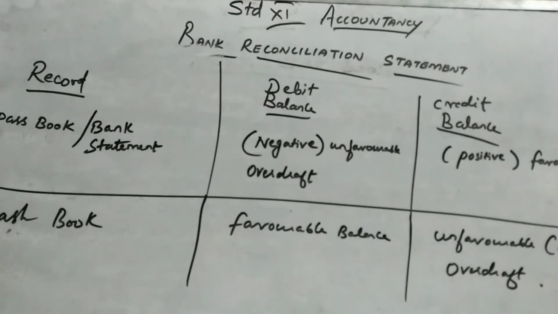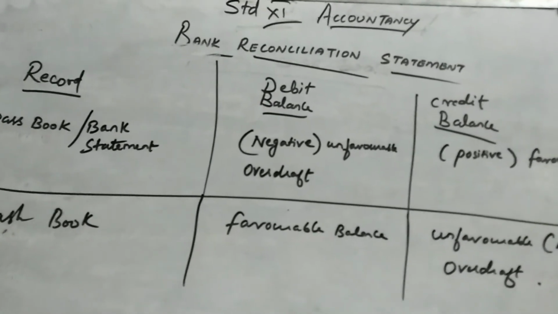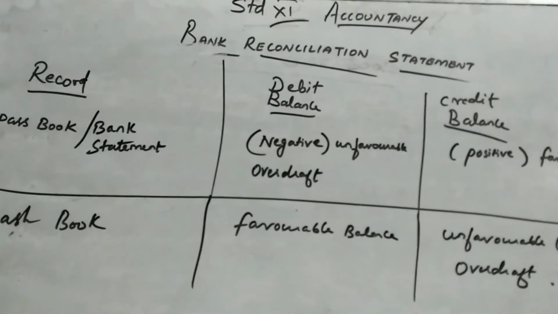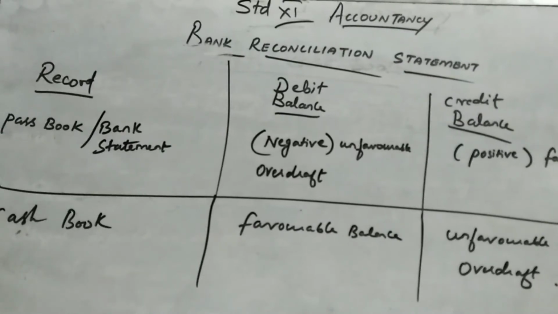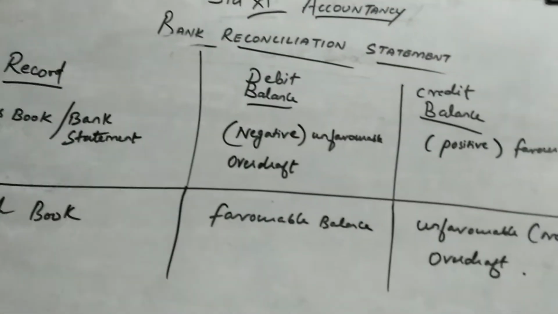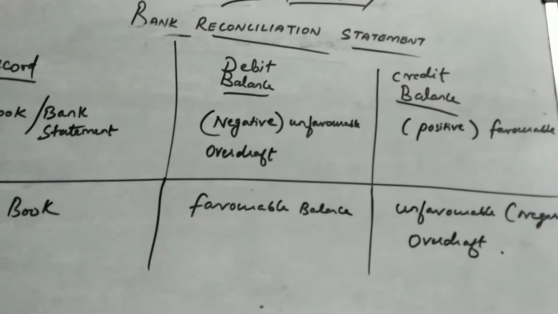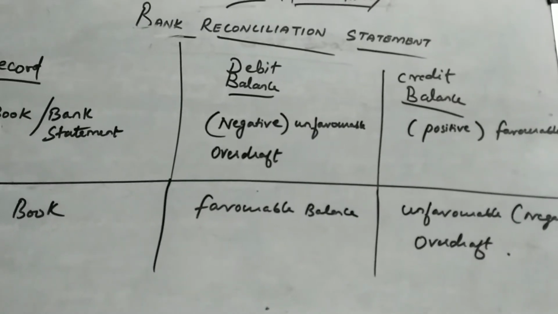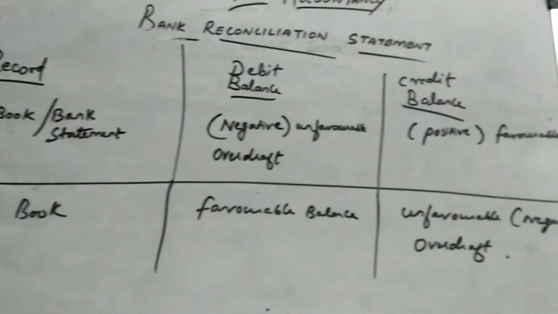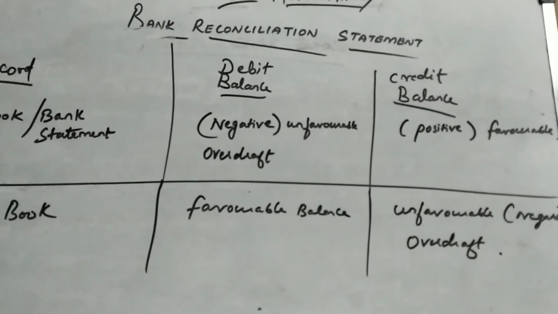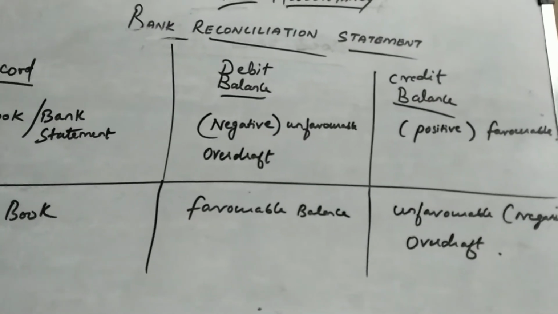If debit is more, credit is less, in case of a passbook, it is a negative balance. You call that unfavorable or an overdraft balance. Whereas if the deposits are more than the withdrawals, deposits will be credited. If credit is more, then it is a positive balance, a favorable one.